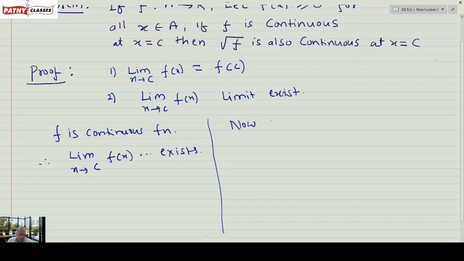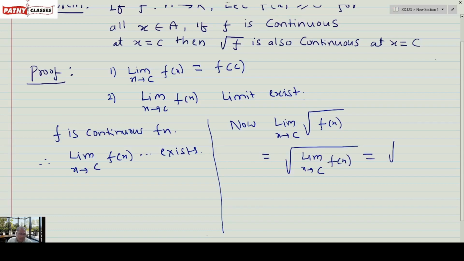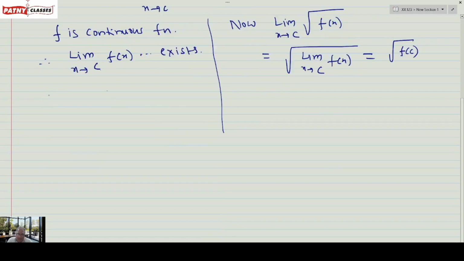Now we take the limit as x tends to c of root of f(x), that is equal to the under root of the limit as x tends to c of f(x), that is equal to root of f(c). If the limit exists at x equals c, then |f(x) minus f(c)| is smaller than epsilon.